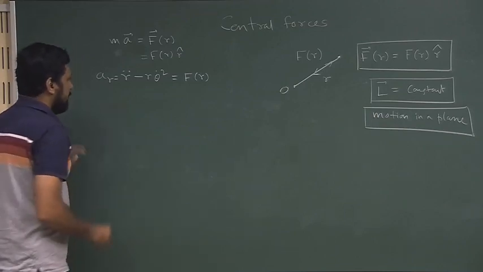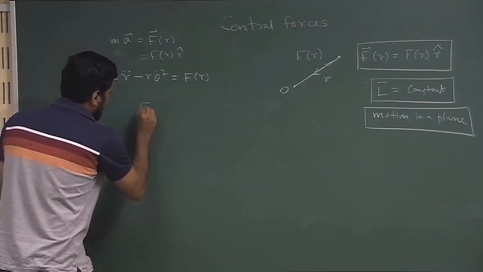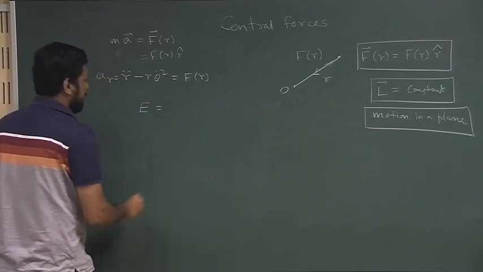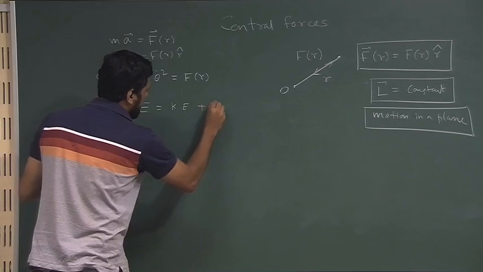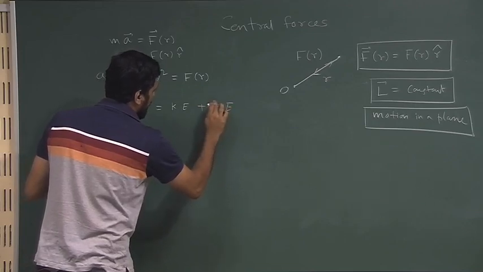What we can do is try to write the total energy, which is a constant, as a sum of kinetic energy plus potential energy.